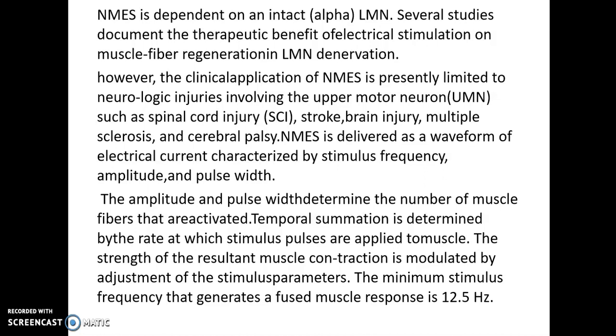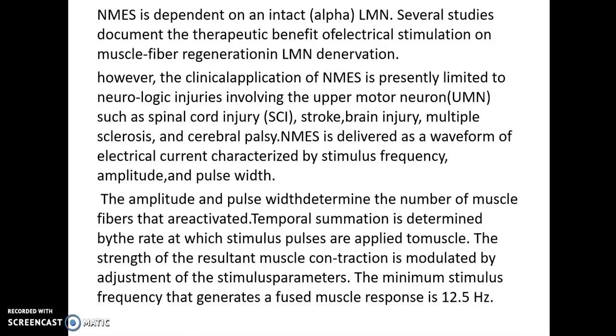So here basically the two things, which is the amplitude, it can be either ampere or voltage, and along with that the pulse duration will determine how many muscle fibers will be stimulated. Second thing is the frequency, how many pulses per second.